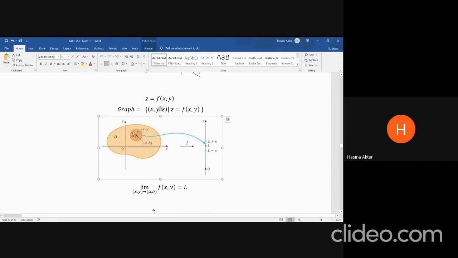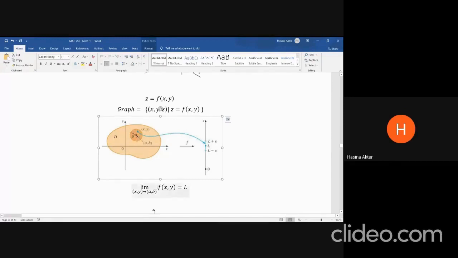So see, whatever the direction is, it goes through this disk.